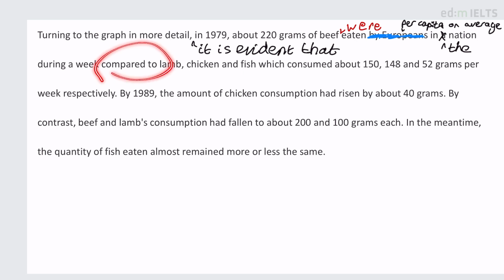Compared to is not really being used correctly here, is it? We can say people in Spain ate a large amount of lamb compared to people in the UK. But we're not really using that kind of grammar or that kind of comparison. So let's change it. Whereas while lamb, chicken and fish.